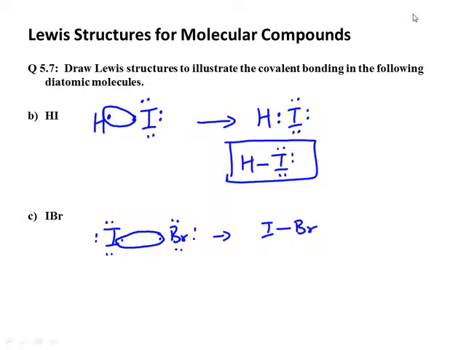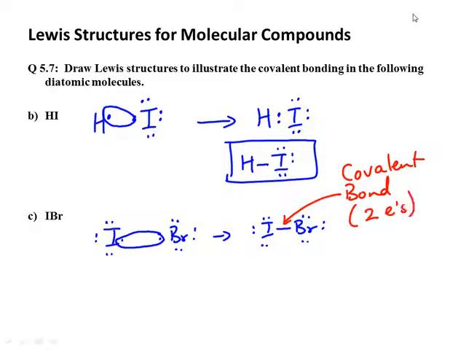Remember, 1 bond equals 2 electrons. Each of these little lines that you see connecting atoms, each of these is a bond. It's a covalent bond, I should say, and each covalent bond equals 2 electrons. It's always an electron pair. So that would be IBr.